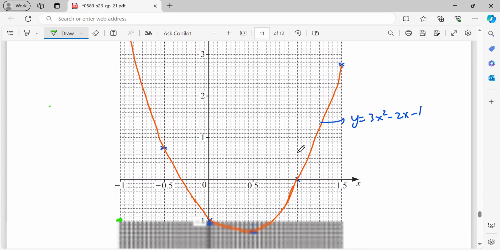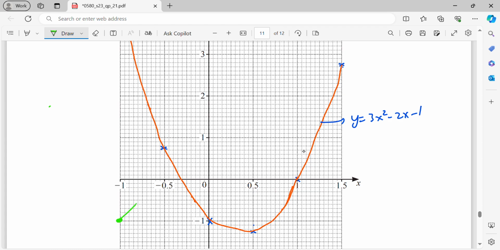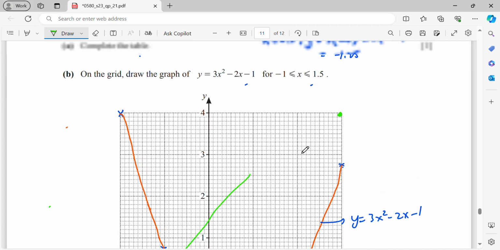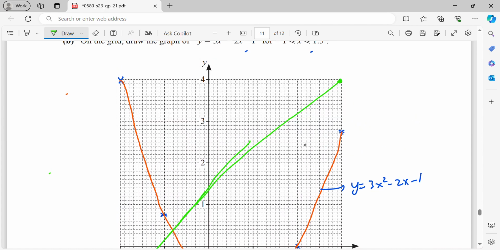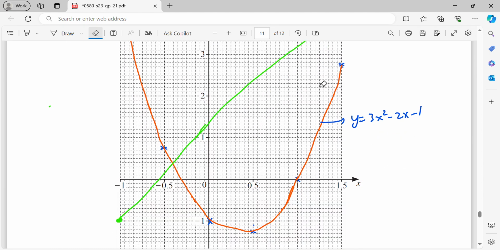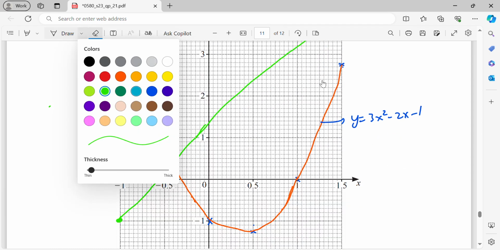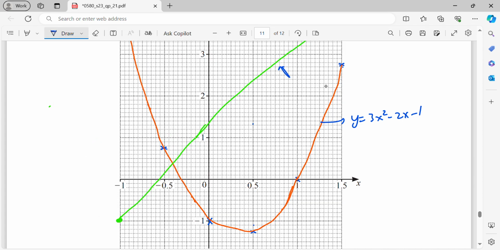Here I will just simply sketch because I don't have a ruler. So for you, please join 2 points using a ruler. Now I will just label this first, y equals 2x plus 1.